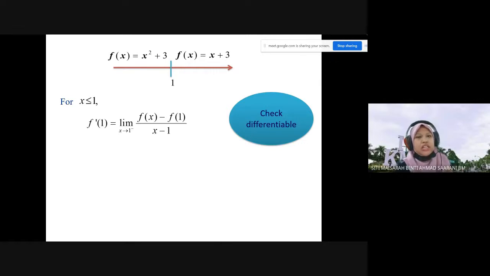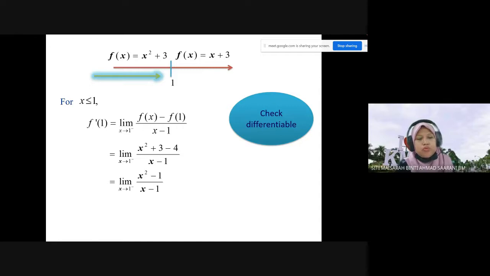Effect dia kita substitute yang duduk sebelah kiri 1, which is x square plus 3. F1 awak kena ambil yang ada equal tadi. F1 kita adalah 4. So dia akan jadi x square plus 3 minus 4 over x minus 1. And kita simplify, we get limit x approach 1 from left, x square minus 1 over x minus 1.